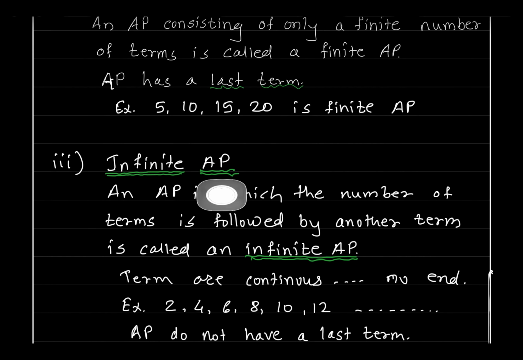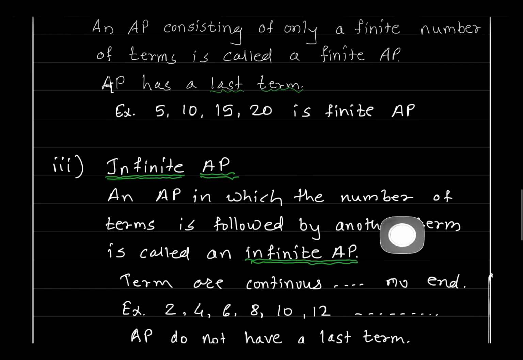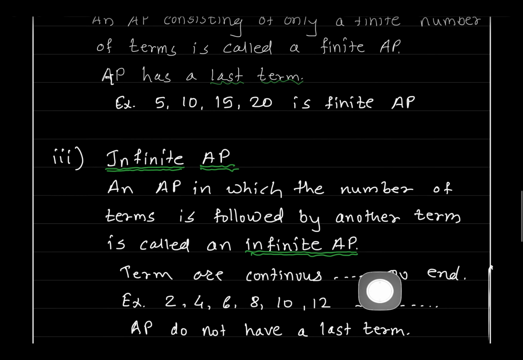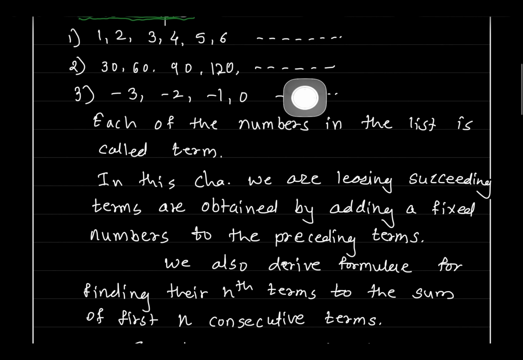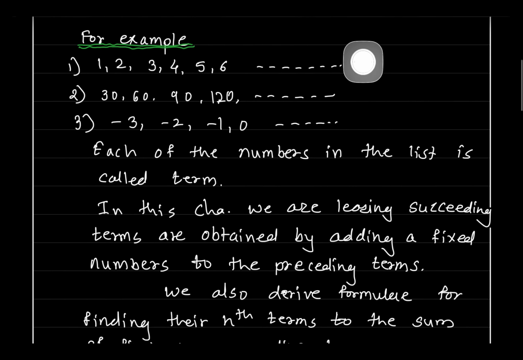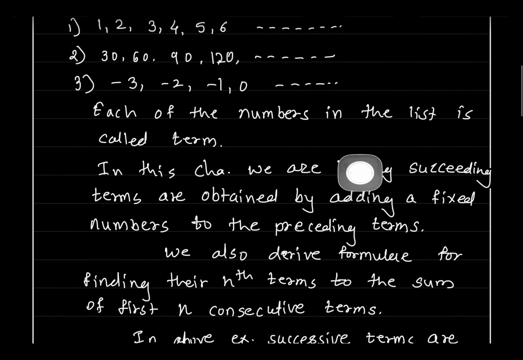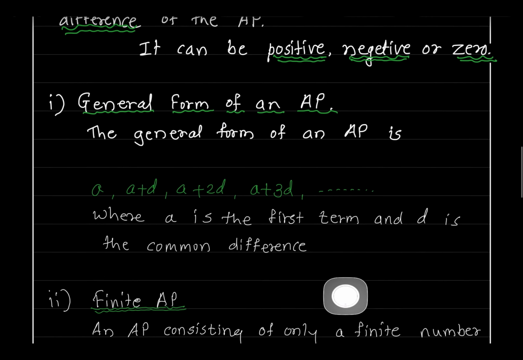Now the infinite AP. An AP in which one term is followed by another term continuously, with no end, is called an infinite AP. All three examples from the starting are examples of infinite AP.